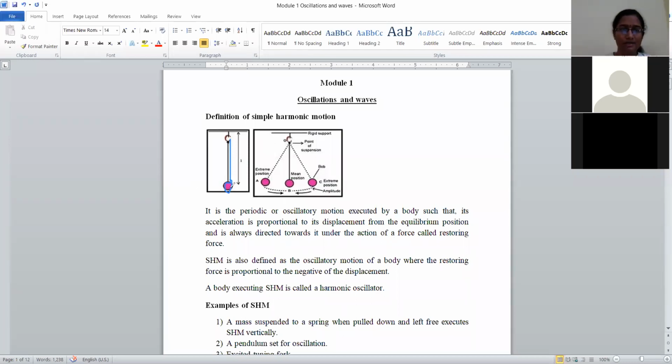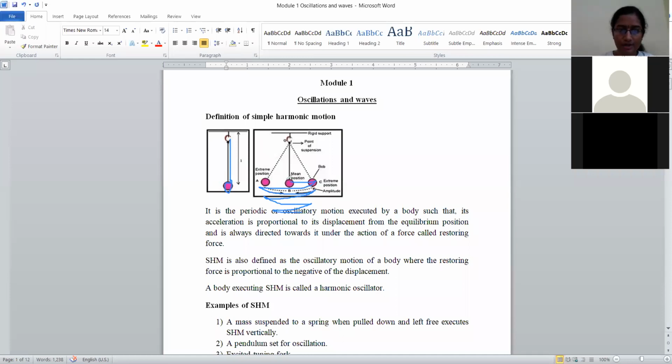So this bob, when it is pulled and left, it starts making an oscillation. It goes to and fro like this.